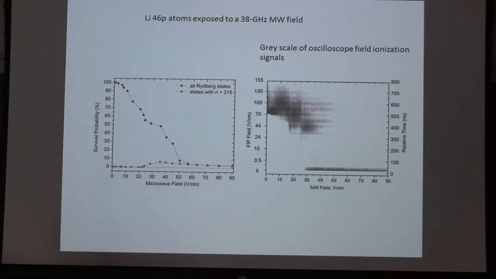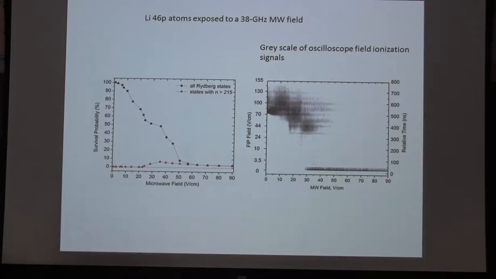Okay. So if I excite lithium atoms to the 46p state and expose them to a 38 gigahertz field, and look at all the Rydberg atoms that are left, the number goes down as I raise the field amplitude, but it doesn't quite disappear. If you look more carefully, you find really high-lying states, shown by these red triangles.